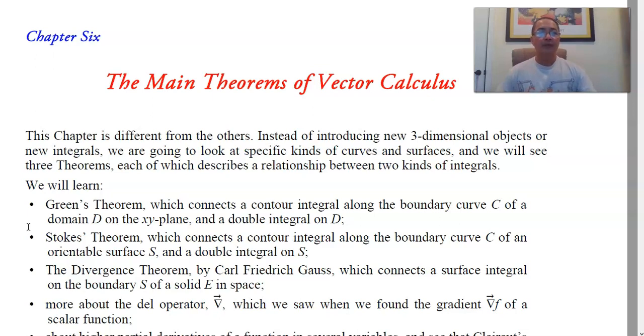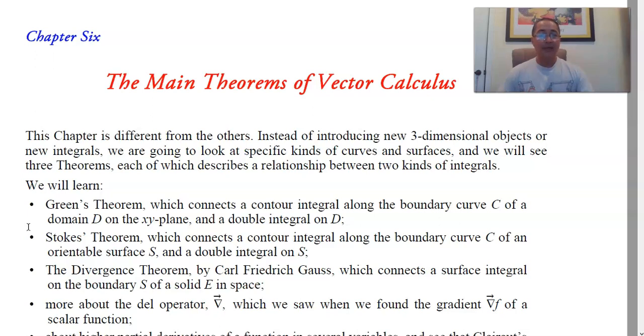Okay, so Stokes' theorem connects a contour integral along the boundary curve of an orientable surface and a double integral on that surface. So it's a little bit like Green's theorem. You've got a contour integral and a double integral. Now, the divergence theorem is still connected to Green's theorem, but looks very different from Stokes' theorem.